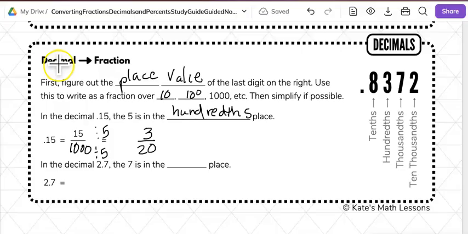So if I have a decimal and I need it as a fraction, in the decimal 2.7, the 7 is in the tenths place. So then this is 2 7/10. So that means if you have a whole number on the left side, to the left of the decimal, not to the right, left, then that's a whole number: 2 7/10.